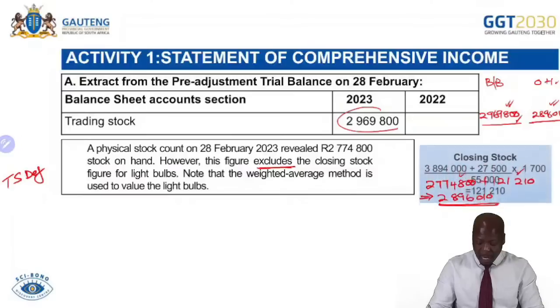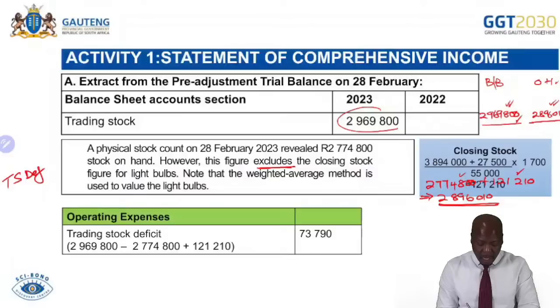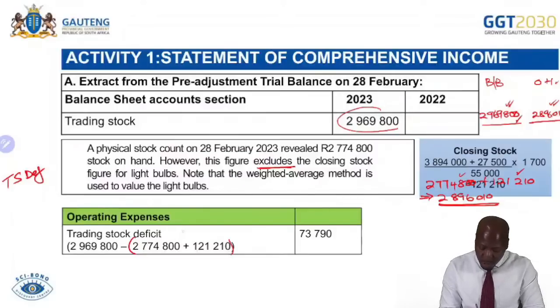Therefore, when I come here, remember, we have already done that. So when I come here, I'm now calculating my trading stock deficit. Remember, we have already added these two, and they give us 2,896,010.